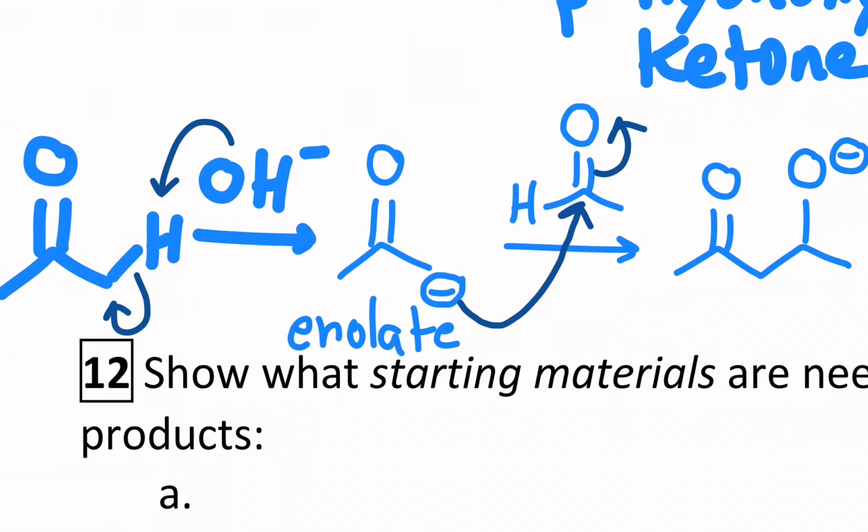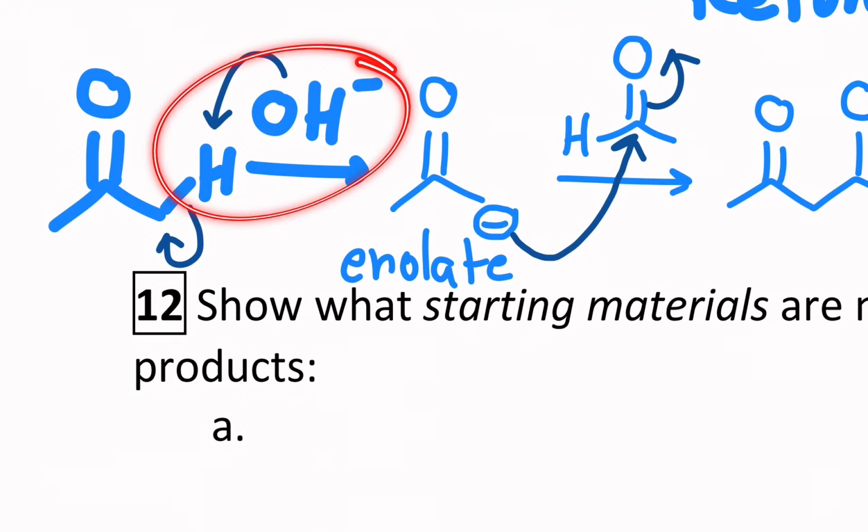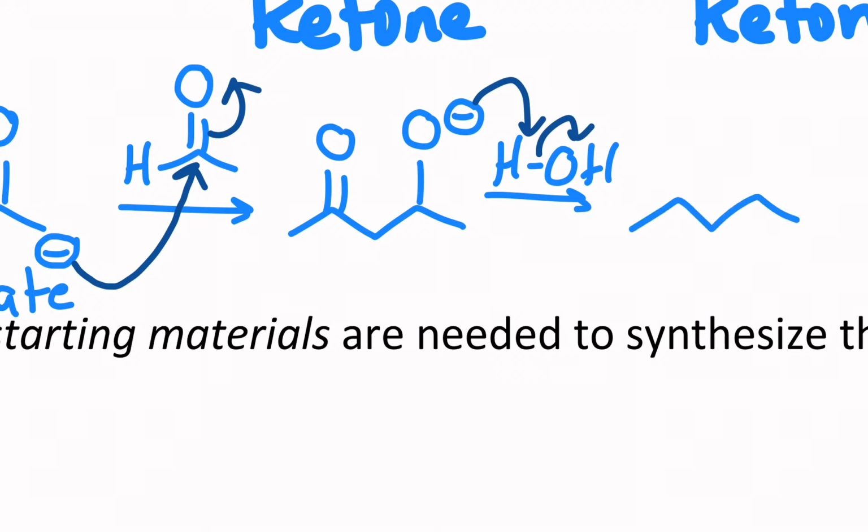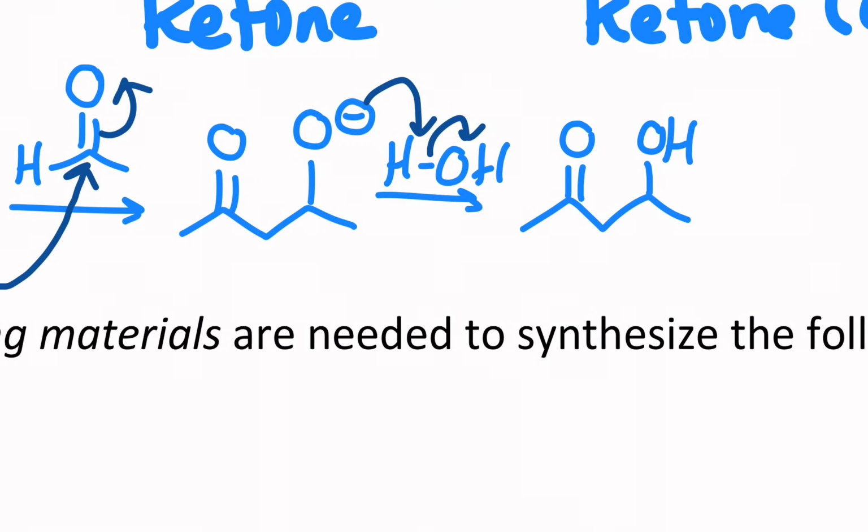If you go a step back, we made water a moment ago. I'm going to use that water molecule right here and show that anion taking the H. We are under basic conditions, so you see negative charges in your intermediates, and that's how you get your beta hydroxy ketone. This we call the addition product, just because the two molecules add to each other.